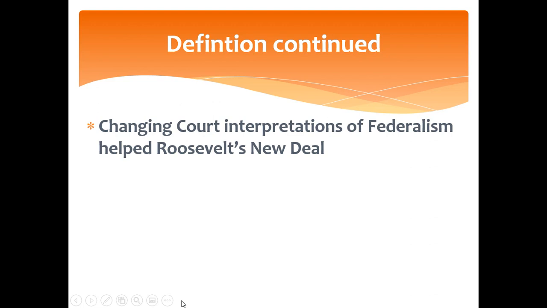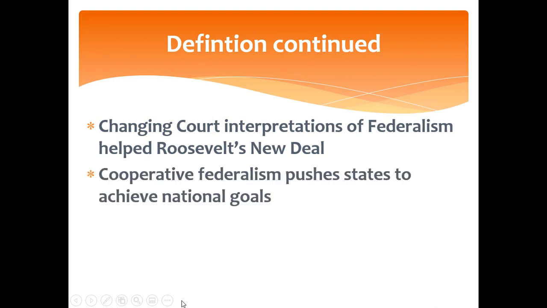But starting in 1937, we see the creation of this marble cake federalism, this cooperative federalism. Cooperative federalism pushes states to achieve national goals. So, the New Deal.